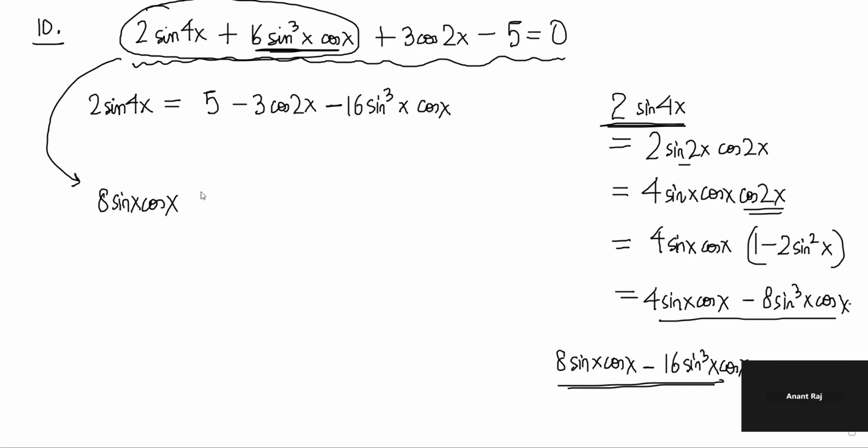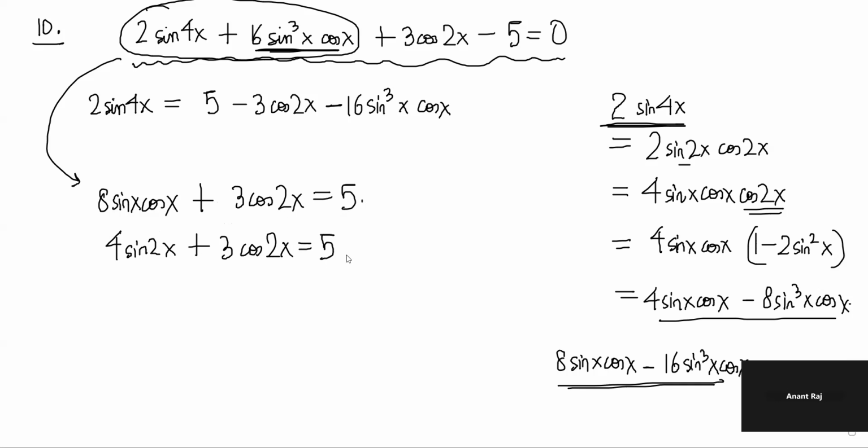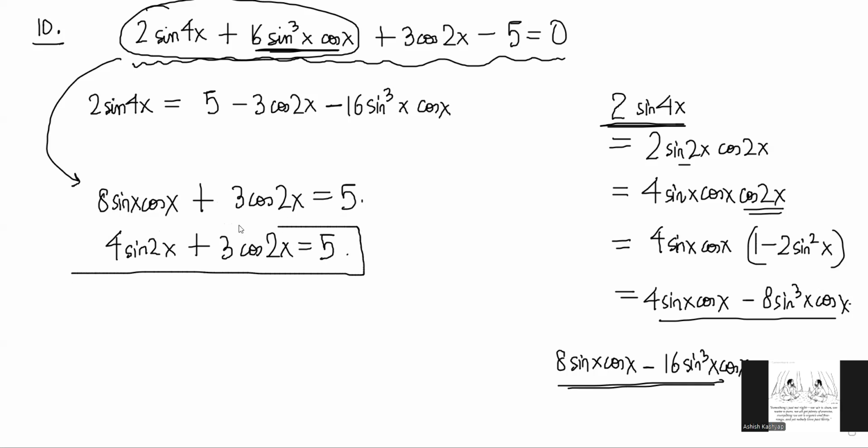Plus you have 3 cos 2x equals 5. This is my equation now. How do you solve this equation? So basically, this is 4 sin 2x, right? Yes, sir. How should I solve this equation?